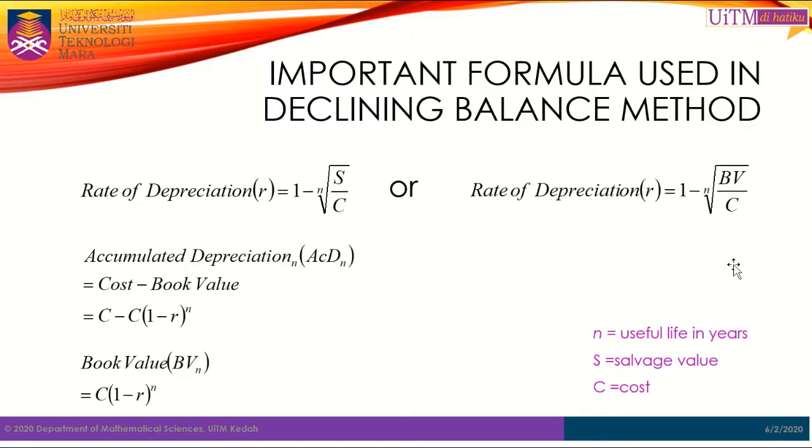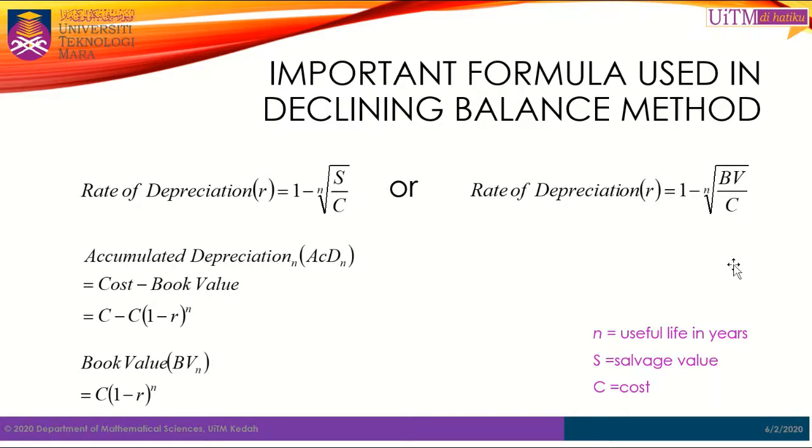The rate of depreciation is given by 1 minus the nth root of S divided by C, where S refers to the scrap value and C refers to the cost. This formula will give you the rate of depreciation, and with this rate you can find the annual depreciation and so on.